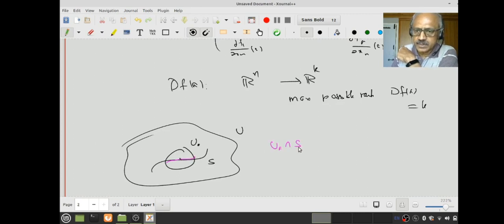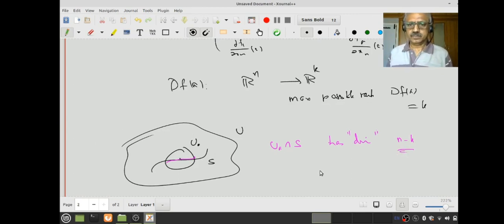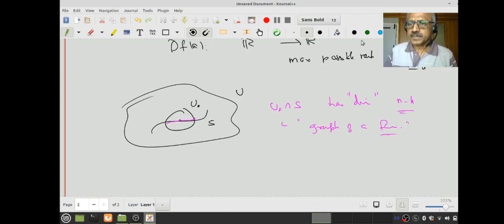UA intersection S, that's what I mean by locally, is a manifold of dimension n minus k. And not only that, this portion is also a graph of a function. Please pay attention.